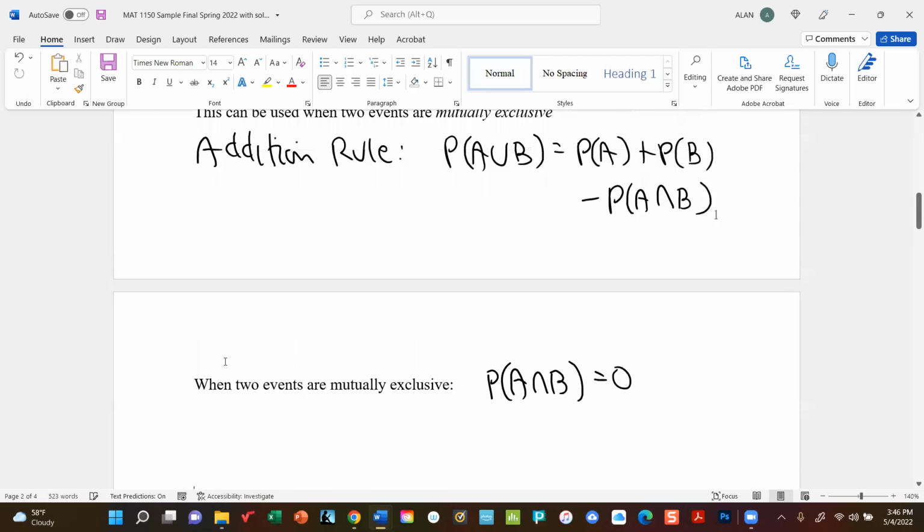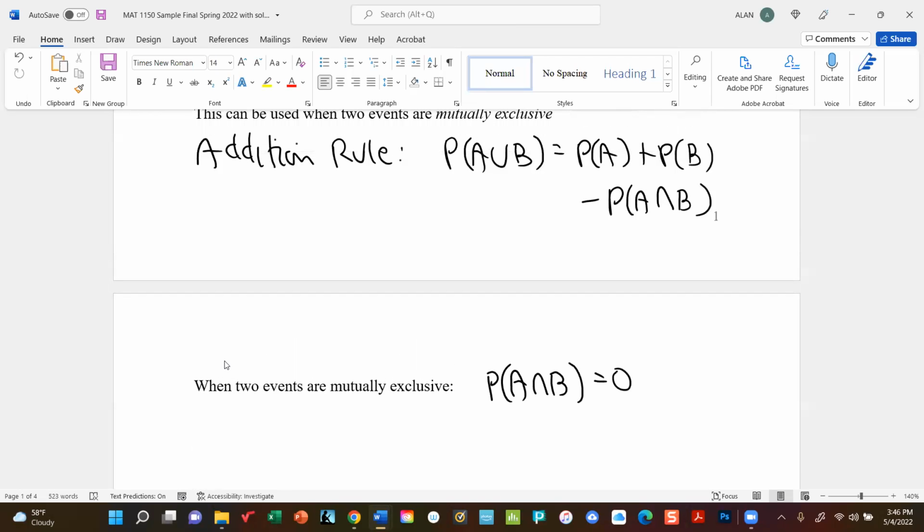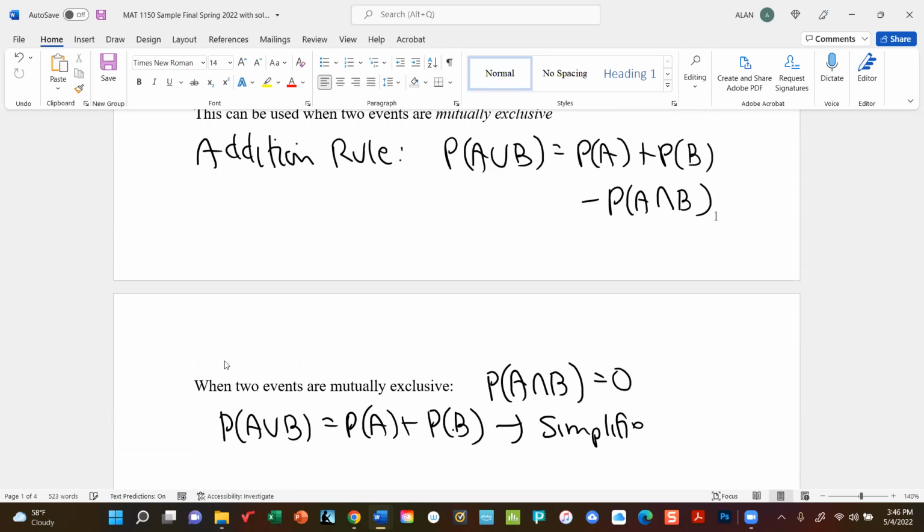So we don't need to subtract that intersection. We can just simplify our rule as the sum of the probability of A and B. We don't need to worry about the intersection because we know that the probability is 0. And this is what we mean by the simplified addition rule. But it only works if A and B are mutually exclusive, because then that intersection has a probability of 0.